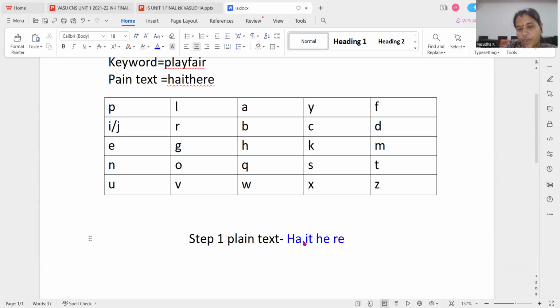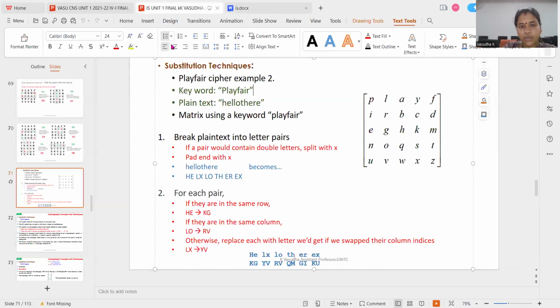Now what do we need to do? We have HA, and for this HA we have to see H is here and A is here. So let us go to the rules first. We'll discuss the rules first.